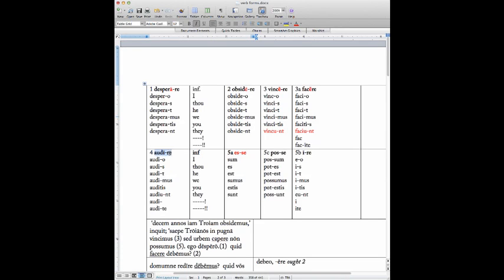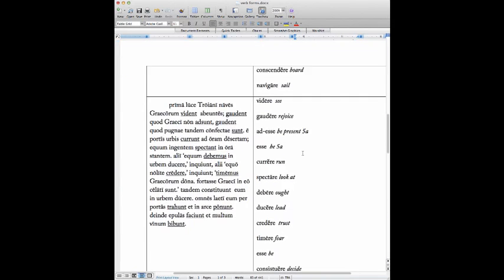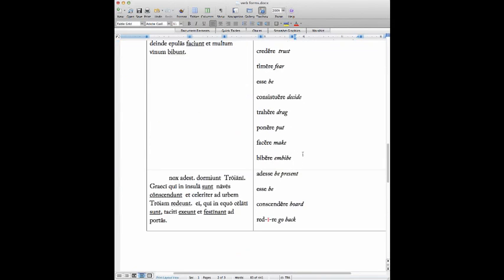But this is a compound verb of the verb ire, to go. So redire means red, back, ire, to go back. Okay?